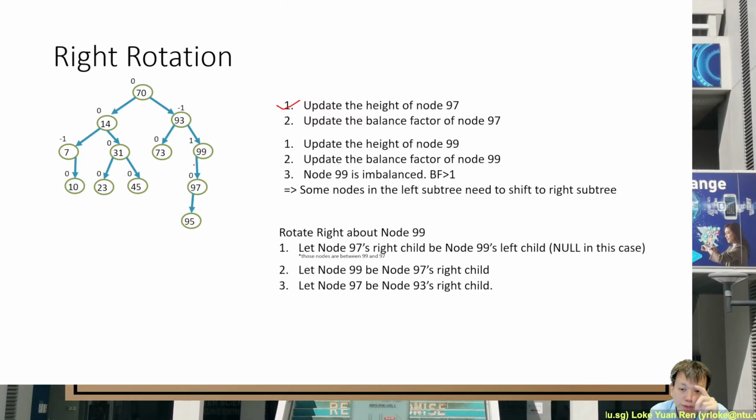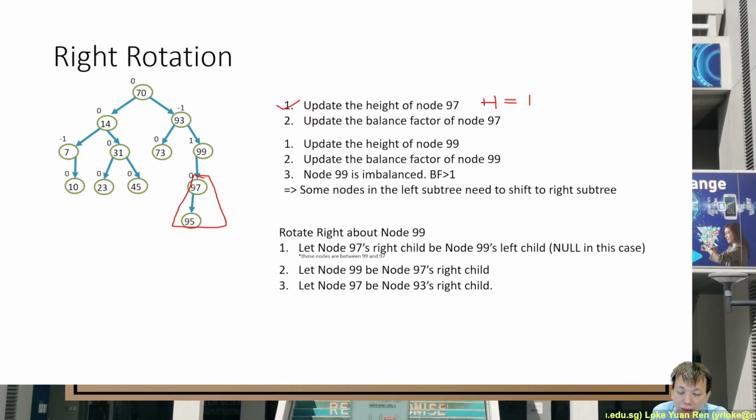Now you add one more node, 95, at the left child, so the height of 97's subtree is 1. After the update, the height goes from 0 to 1.